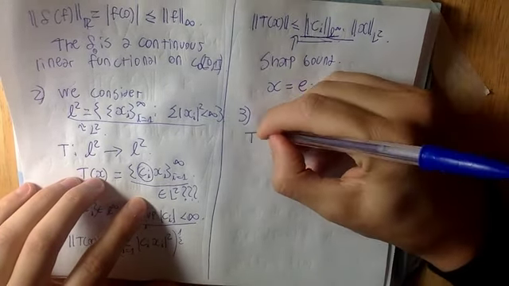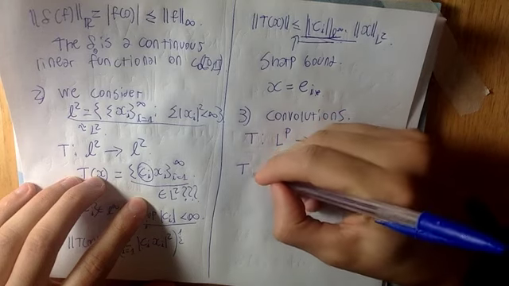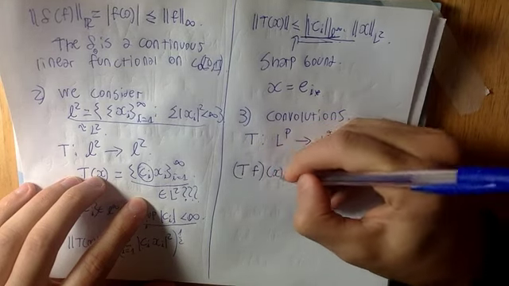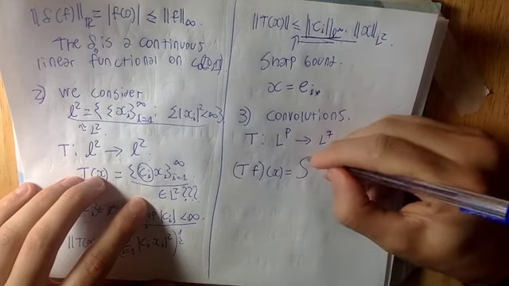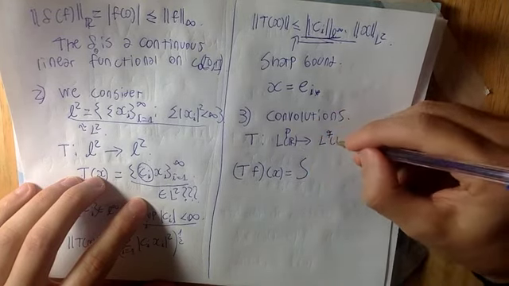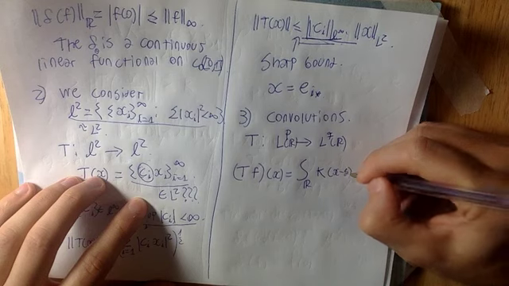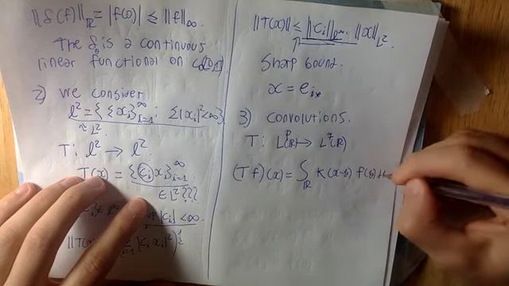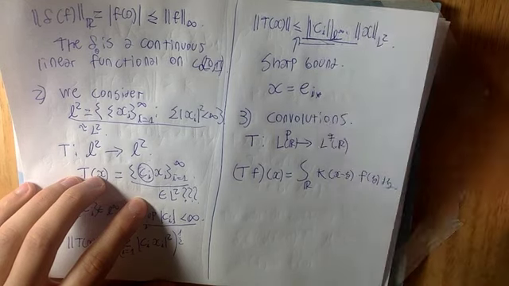So we're going to consider T of f at x, which is going to be the integral over R of the kernel, so we are going to define the kernel k(x minus y), f of y, dy.